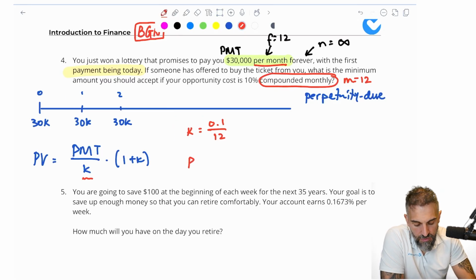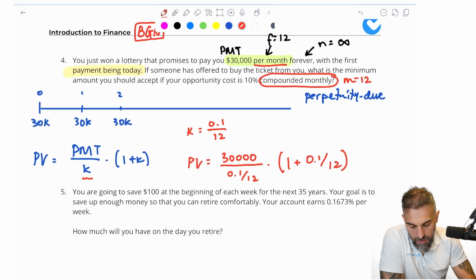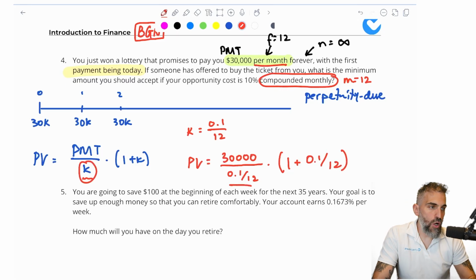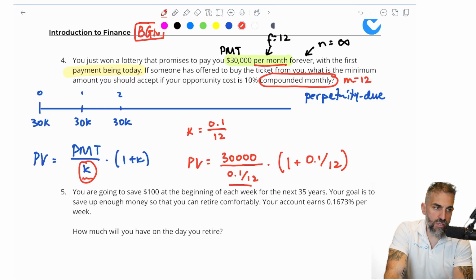And so now the present value would just be the payment of 30,000 divided by K, which is 10% over 12, and then multiply that by 1 plus 10% over 12. Again, I'm punching it in this way just to not have any rounding.